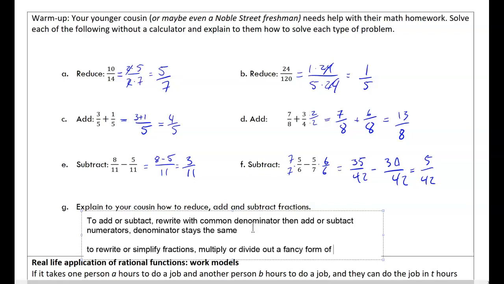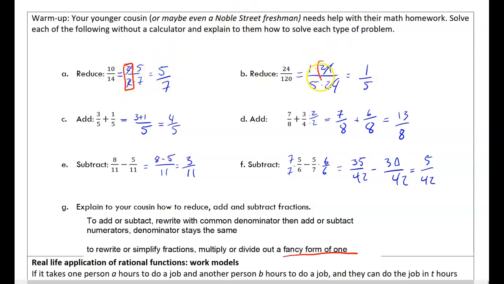And then to rewrite, I'm going to say in a very specific way, we multiply or divide out a fancy form of 1. So fractions are really all about this idea of multiplying by a fancy 1, right? So often we kind of just memorize the steps and we don't really think about how it works. But for example, the reason we cancel out 2 over 2 here is it's really 1, right?